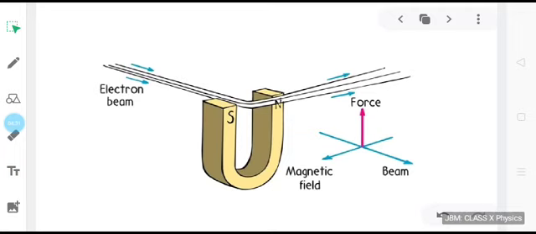Now deflection obviously is a type of motion, and any type of motion is not possible without a force. So obviously there is some force acting on this electron beam, due to which it is getting deflected from its usual, initial path. Initially it was moving in one direction. As soon as it passed in between the poles of the magnet, you observe that it is getting deflected. Obviously this is the direction of the force.